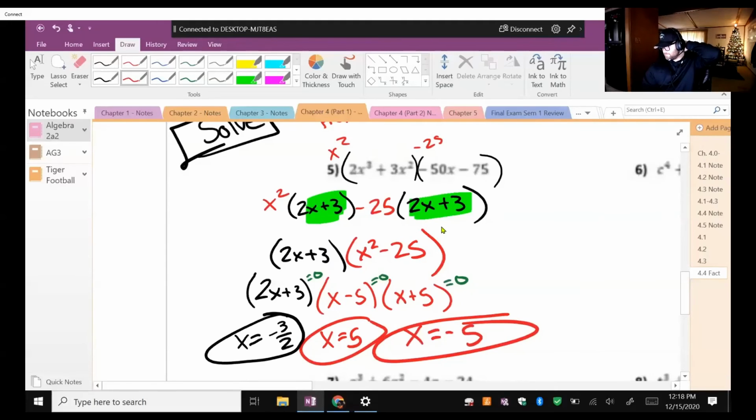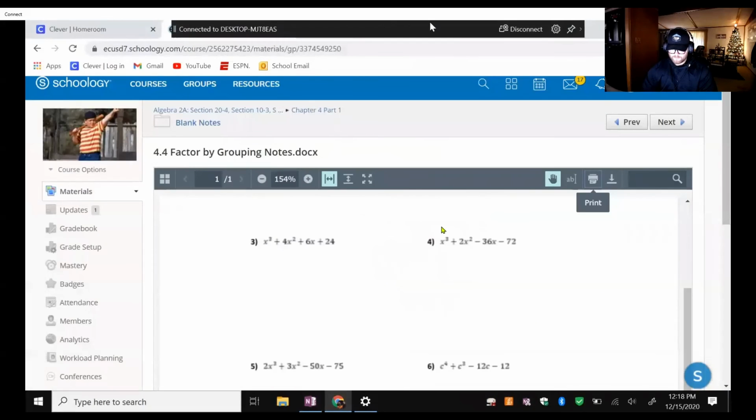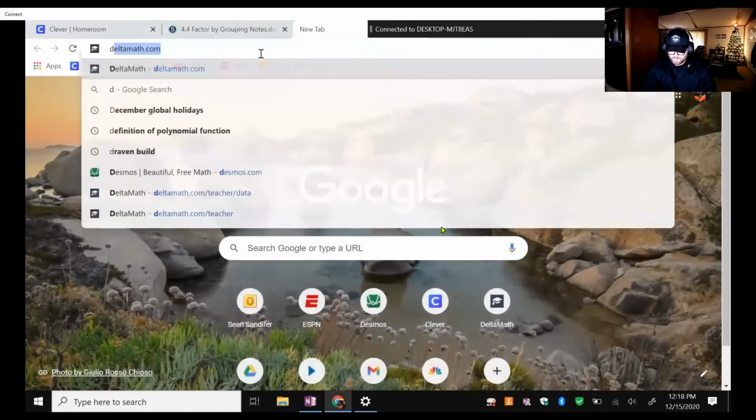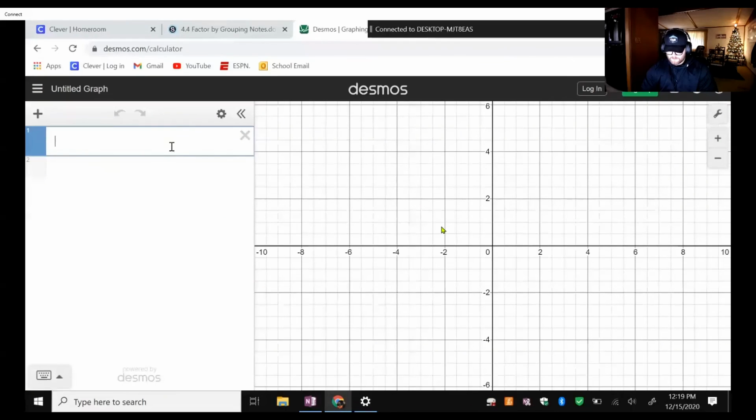Then we're good. I'm done with these notes, so you can shut the video off if you don't want to hear me nerd out real quick. What if I went to Desmos and plugged in that problem?